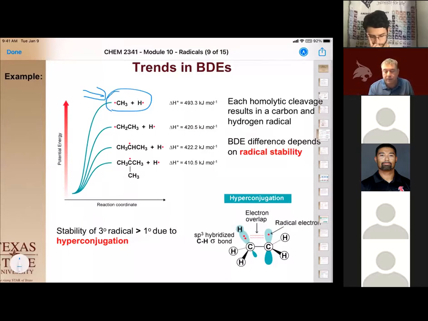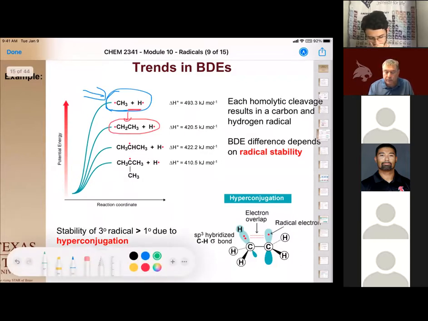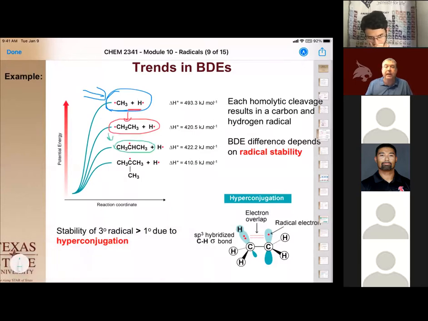Now, as we go down, this is less stable, and it has a lower bond dissociation energy, meaning it's easier to generate than that methyl radical. So methyl radical is the hardest one to generate, harder than a primary radical. And again, now that our bond is weakening still, right here, we get to another jump down, making that secondary radical easier to obtain.